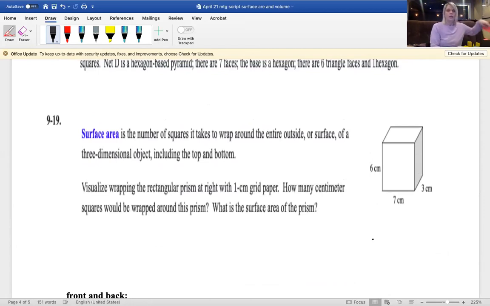So basically, with this tissue box that I showed you, if I wanted to find the surface area, I would have to find the area of the red side, the green side, and the yellow side. And after I find the area of those three sides, I have to double the measurement. So in other words, if I find the surface area of the yellow side, why do I have to double that measurement?